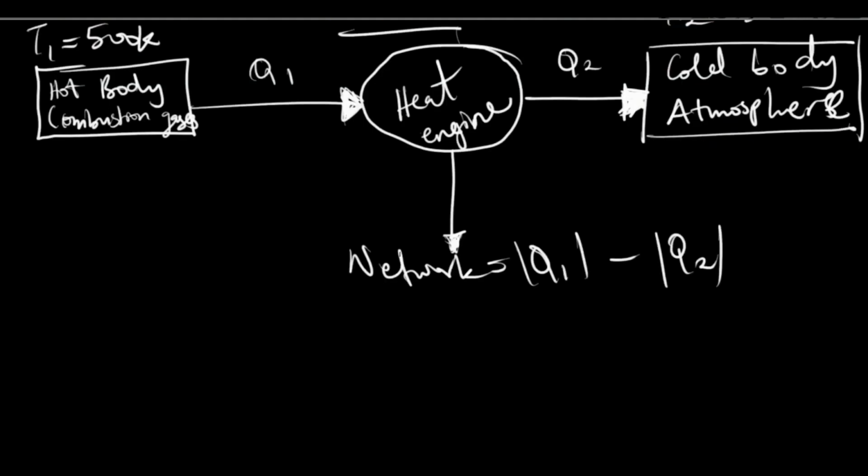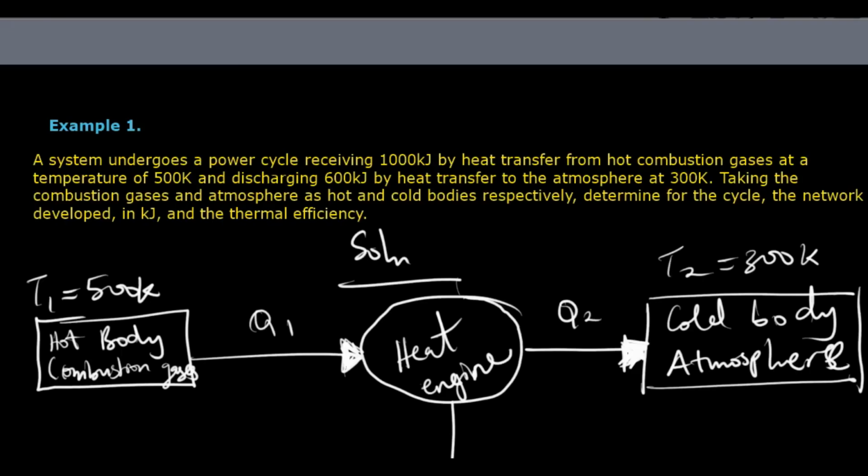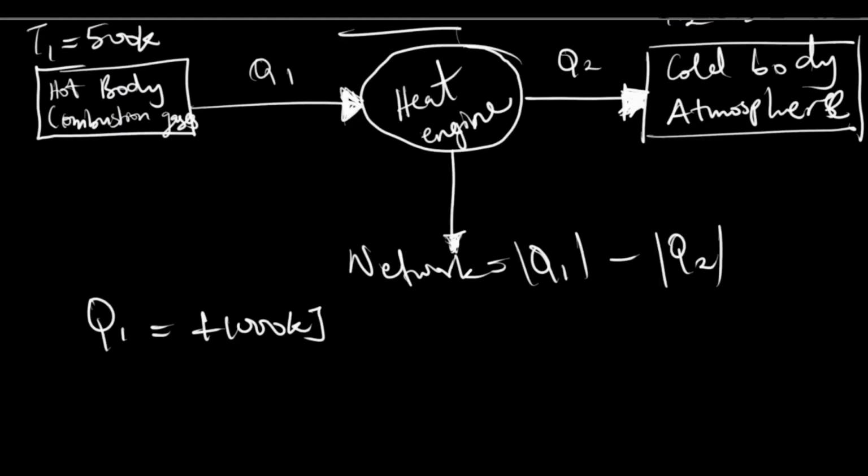It means Q1 supplied to the heat engine is plus 1000 kilojoules. Now discharging 600 means it rejects, that is Q2 is minus 600 kilojoules.